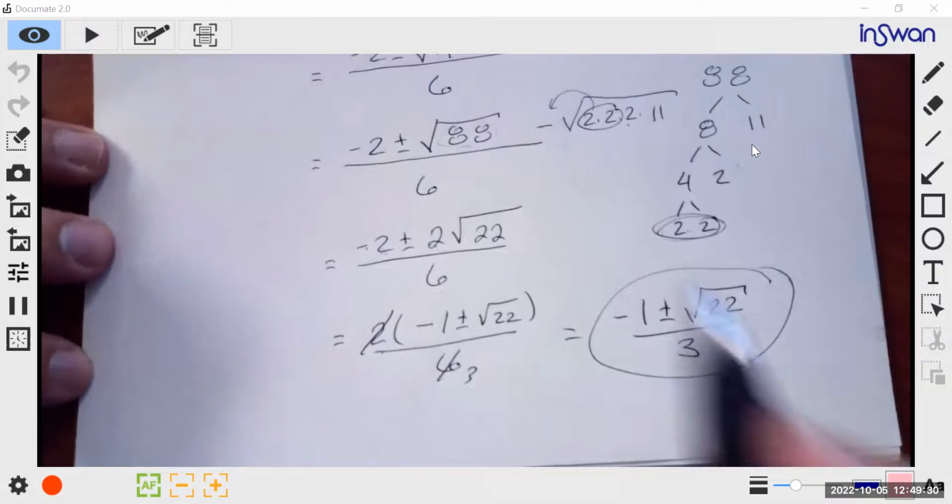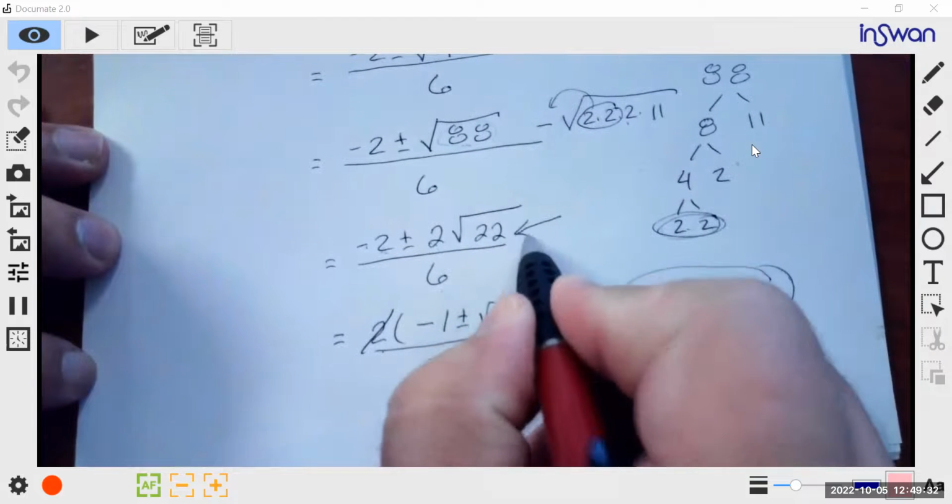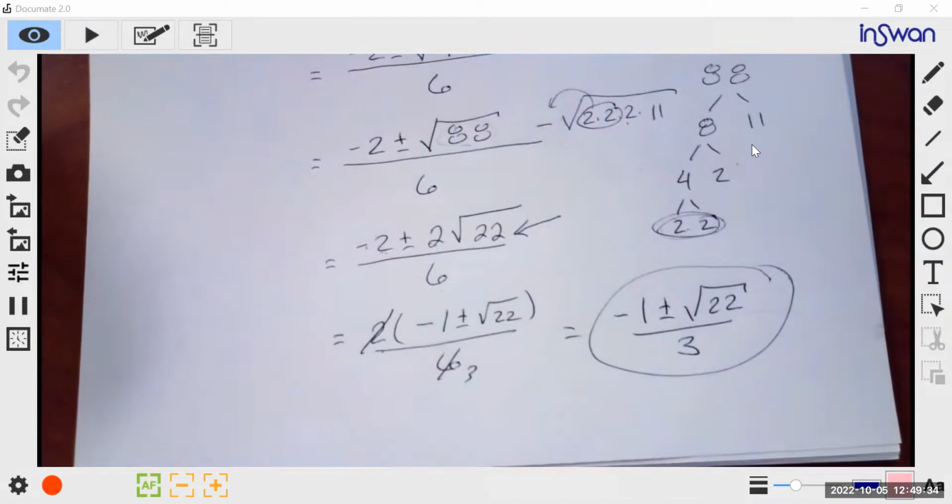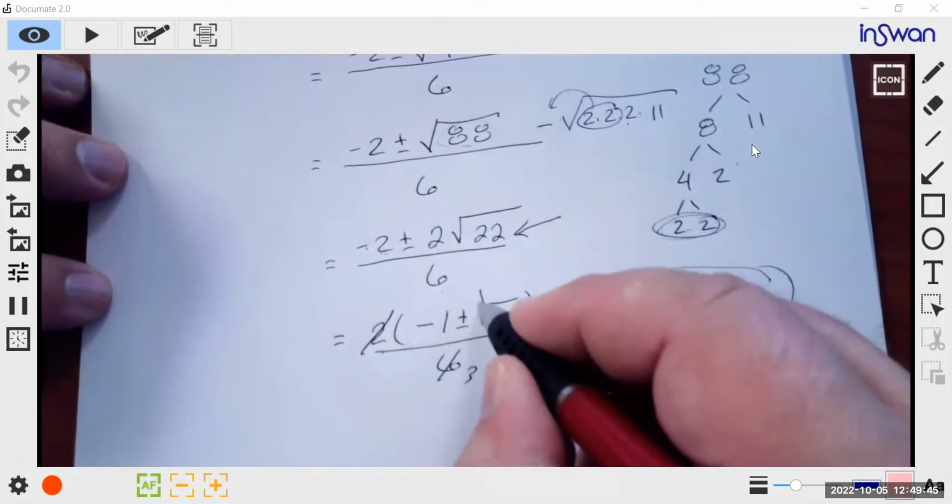I do have a question. What is this number inside here called? No, the root is right here in the V. That's the root.